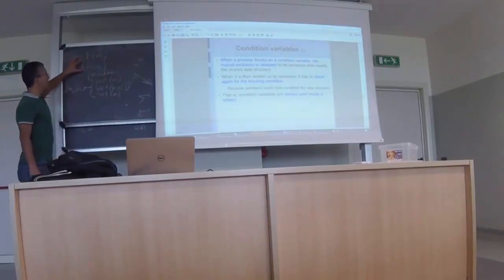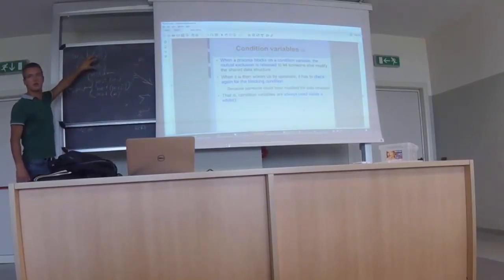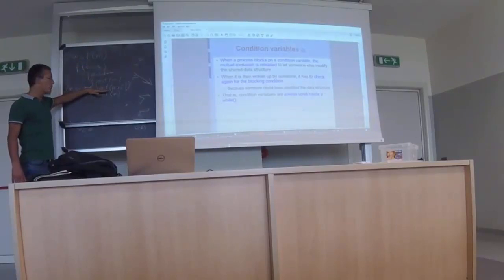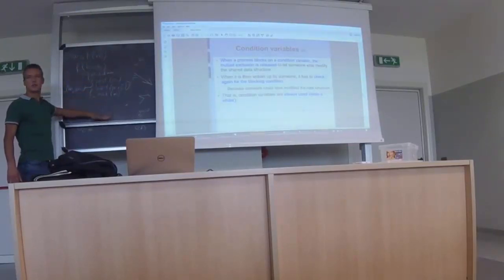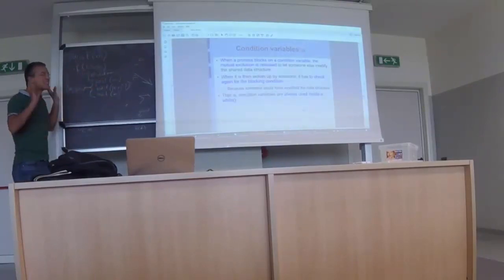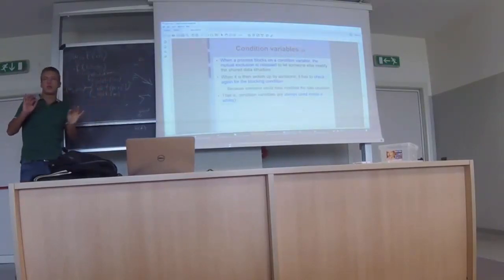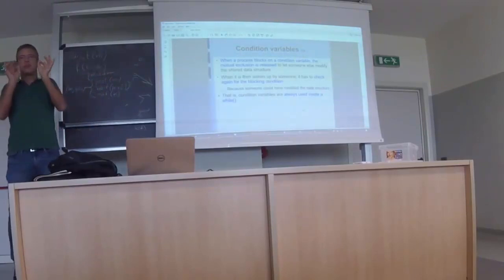So here, in this paradigm with the semaphores, if I'm in the blocking condition, I need to block here. What happens later, we assumed that there is no more blocking condition. Instead, using monitors, using condition variables, there is a subtle difference.